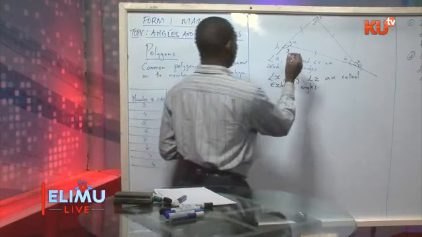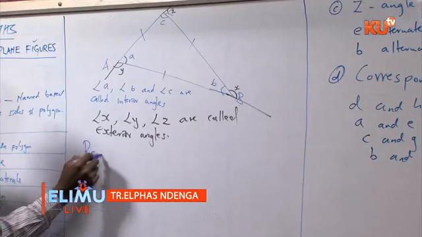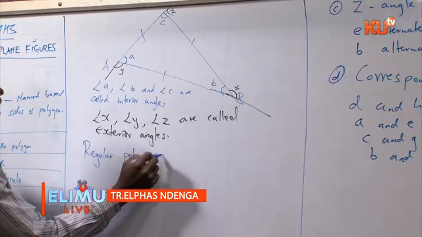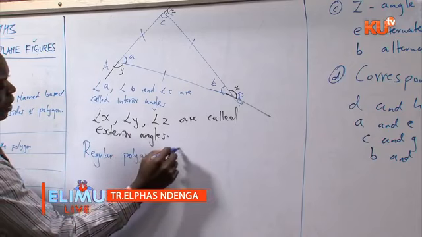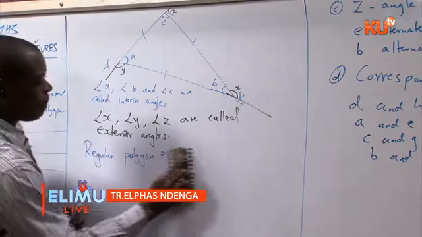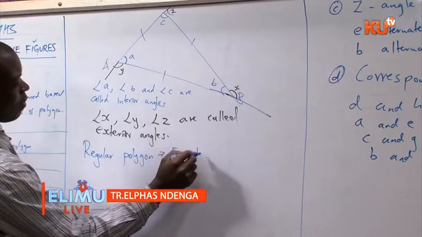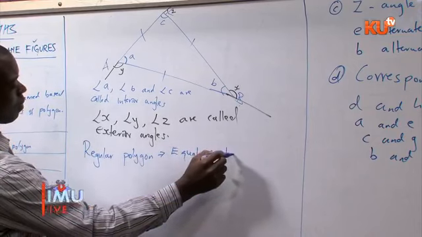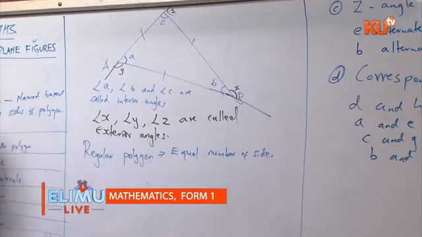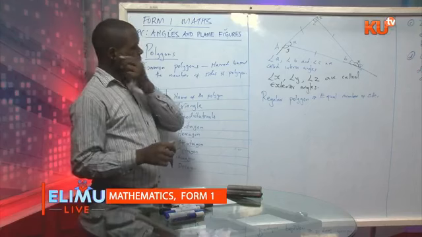Then we refer to this polygon as what we call a regular polygon. In a regular polygon, it has an equal number of sides, so in terms of length, these sides are always equal.